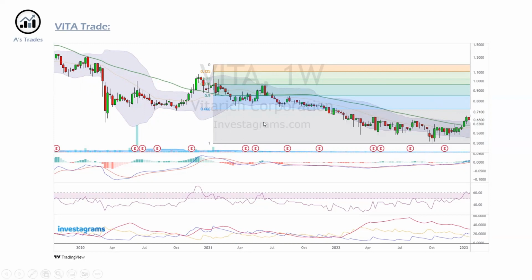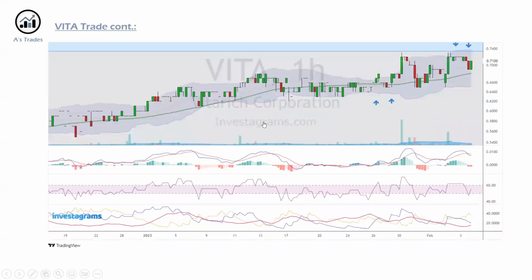Looking at the hourly chart, I entered in these candlesticks because of the indicators. Again, based on the criteria, the trend: price is above MA50, with MA50 moving upwards, and the DMI positive is above DMI negative.